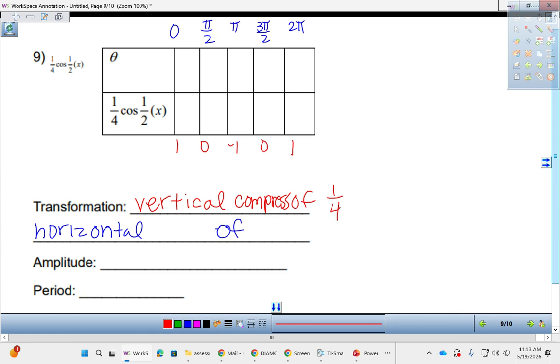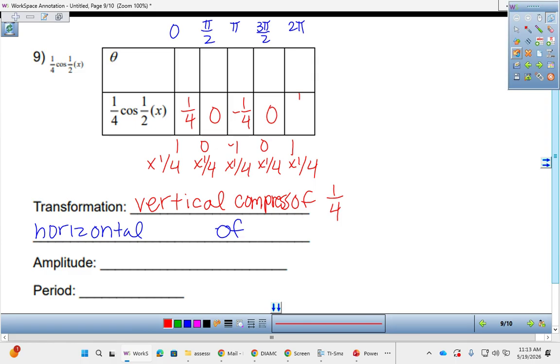Multiply by 1/4. So I get 1/4, 0, negative 1/4, 0, 1/4. It used to be 1, now it's 1/4, it's shorter. Okay, that's the compress. Alright?